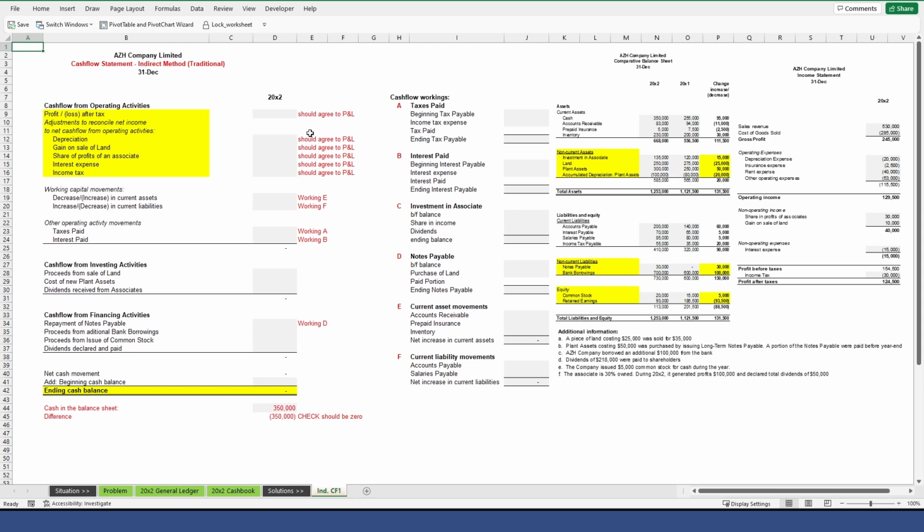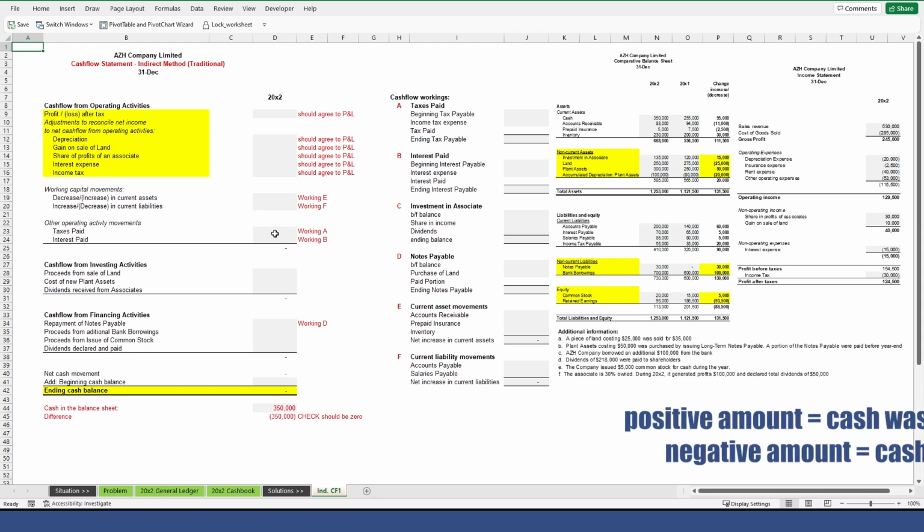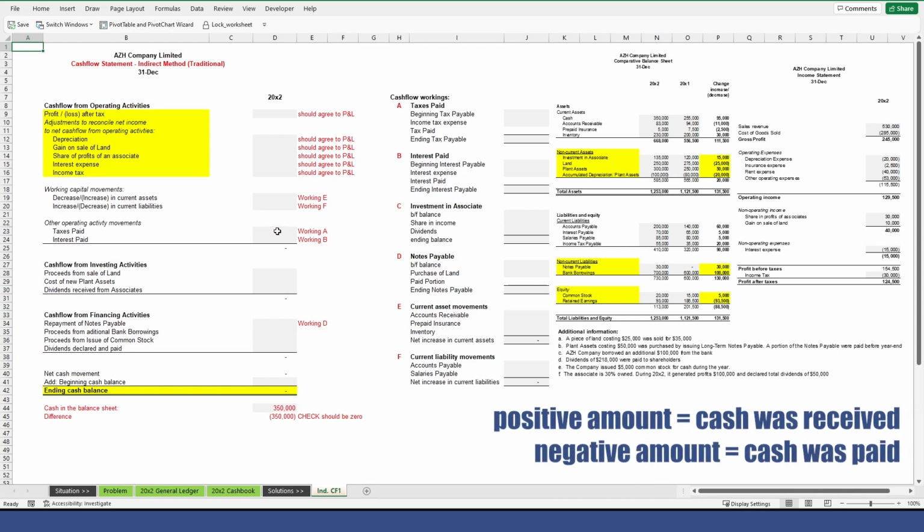You have to remember that in general, as a guiding principle, positive items in the cash flow statement mean that the company received cash, and negative items mean that the company spent cash for this particular activity.